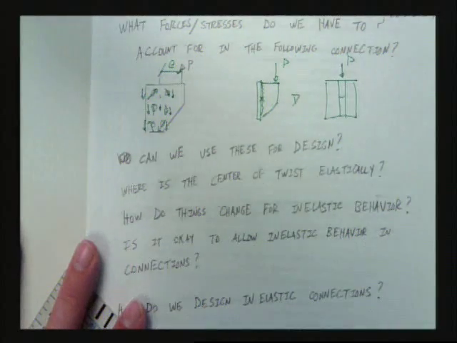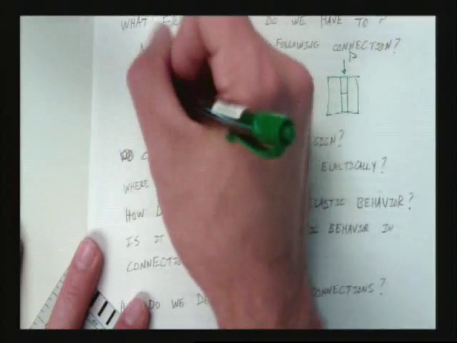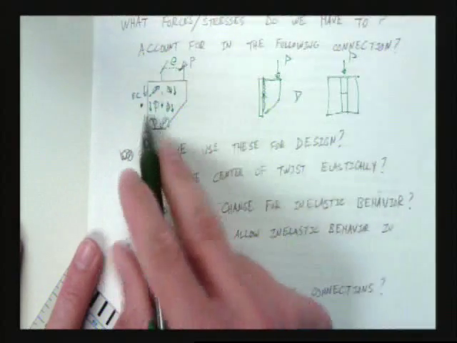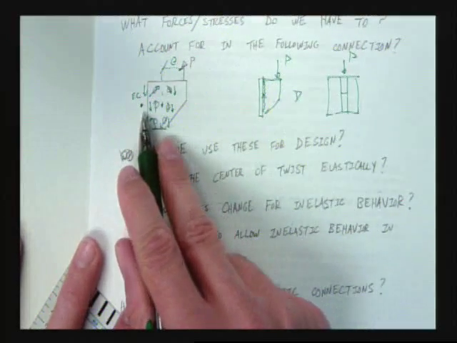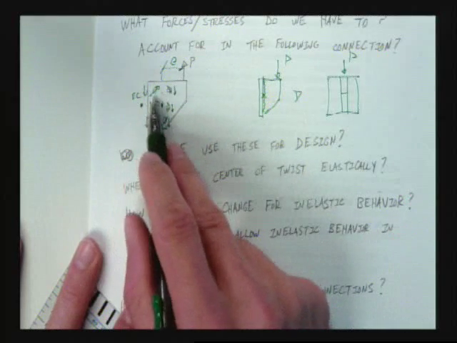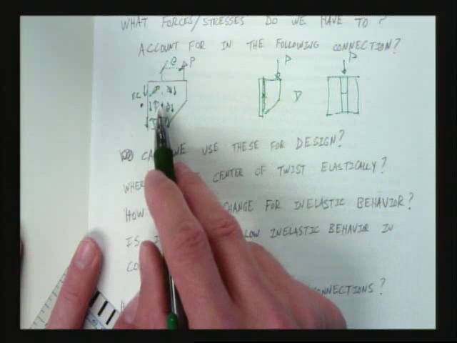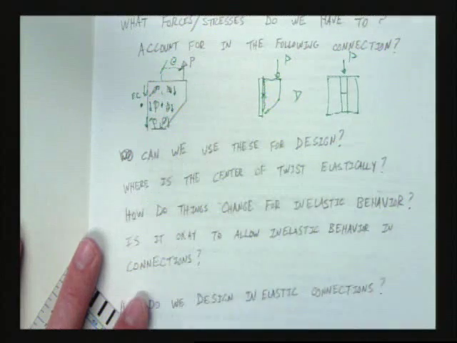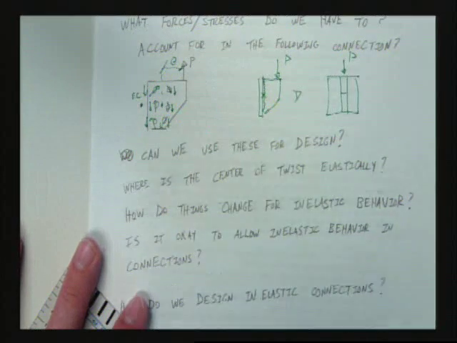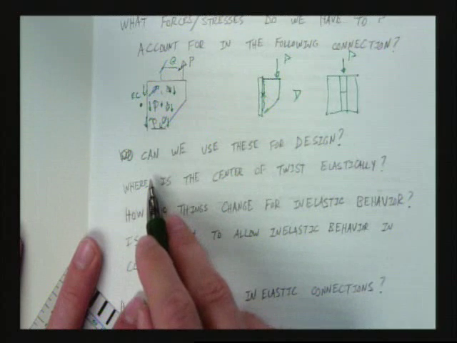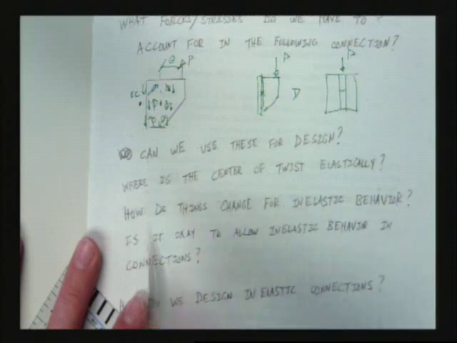No, it wasn't. The center of twist, which we call the elastic center, was out here, and it was exactly what Jennifer said. There's a resultant from each one of these forces, and if we drew a line perpendicular to those resultants, all of those lines would go through one point, and that point would be the elastic center.